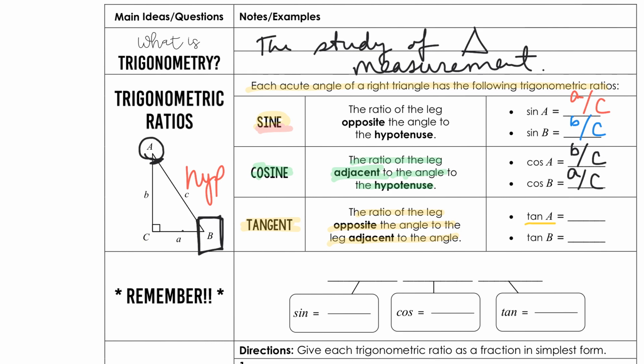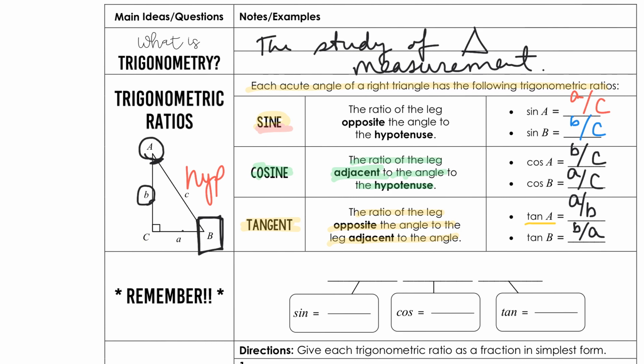So we're going to say A over B. And the tangent of B would be opposite over adjacent, so B over A.